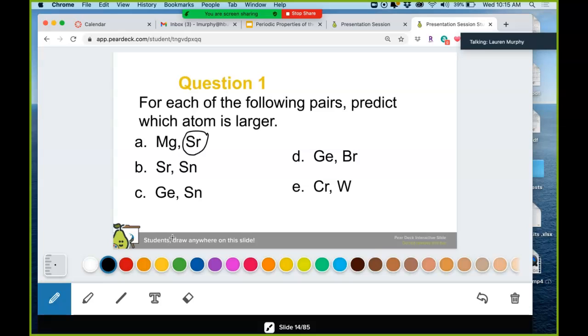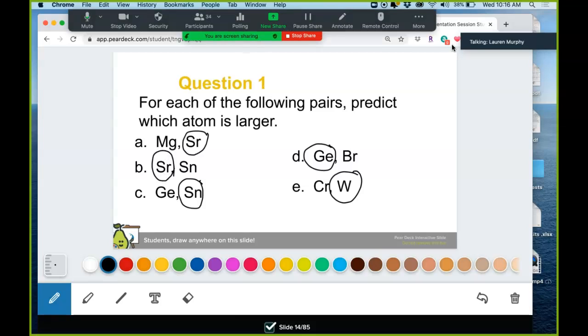All right, keep going. So this should be what your final answers are. Between strontium and tin, these guys are both in the same period, which means they have the same number of shells or rings of electrons. This guy doesn't have as strong of an effective nuclear charge because it has less protons. That makes it larger. Any questions before I move on?